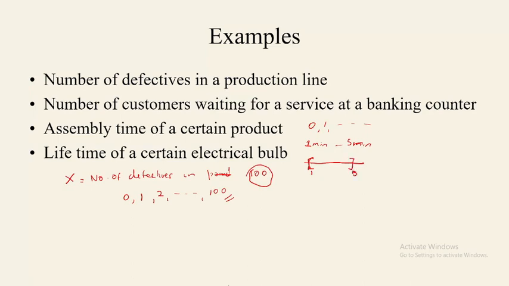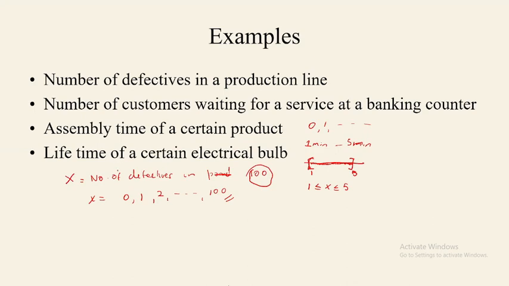Within this interval, each and every point is possible. So here we write 1 less than or equal to X less than or equal to 5. Within this, X can take any point.